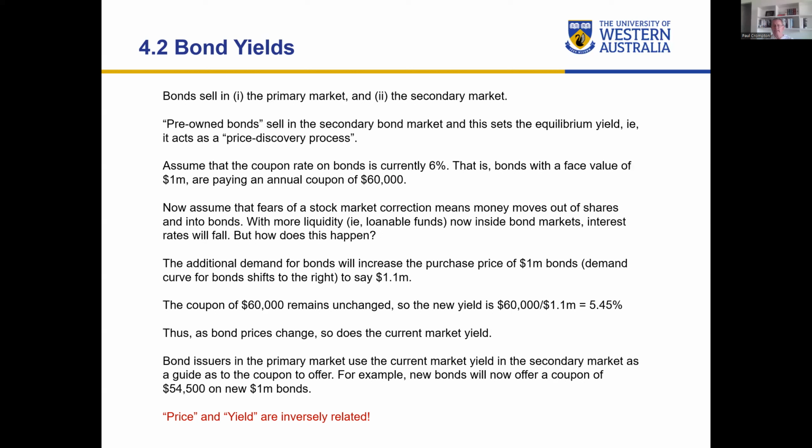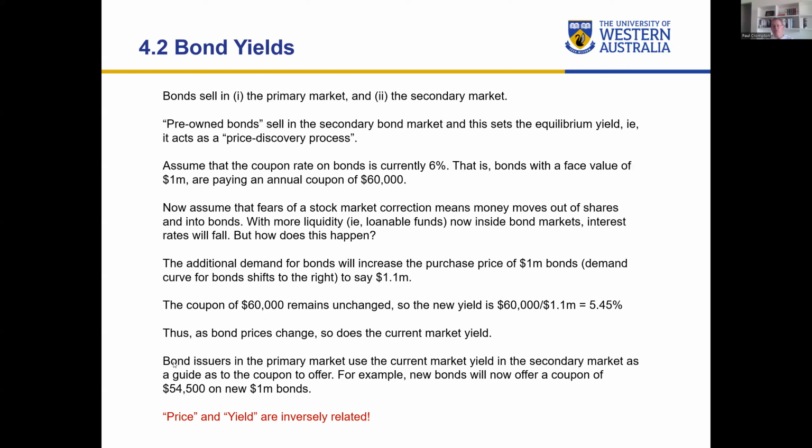So what I mean by that is, if we have bond prices rising from 1 million to 1.1 million, and that implies the yield drops to 5.45%, this is all happening in the secondary market. So it's the secondary bond market. That is the sale of a bond from one lender, the original lender, to a new lender. It's that market which is determining the yield on this type of bond.